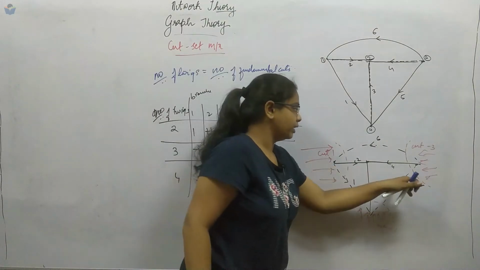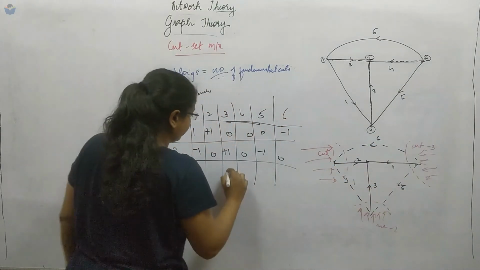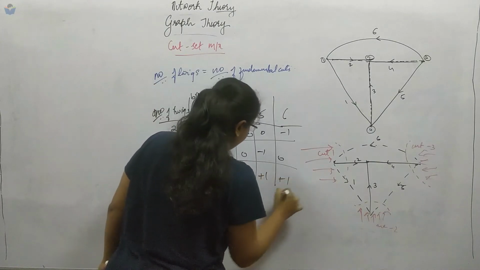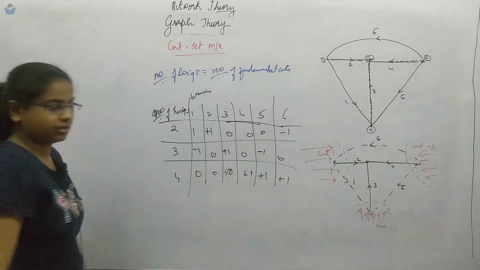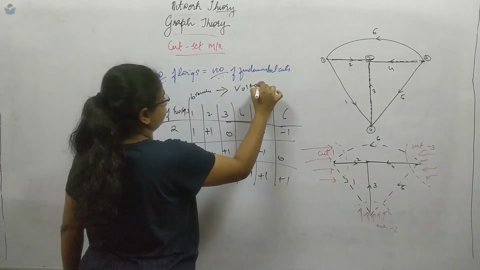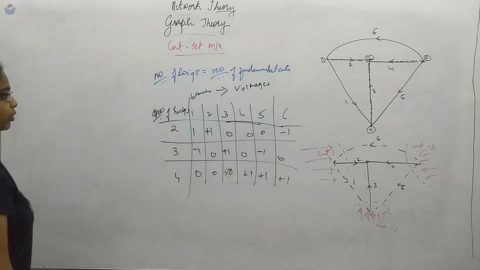Similarly over here, it is in the direction of 4. Okay, and 6 and 5 as well. 4, 5 and 6. So the rest will be 0. Okay, so these branches again indicate the branch voltages, and this is the node voltages.